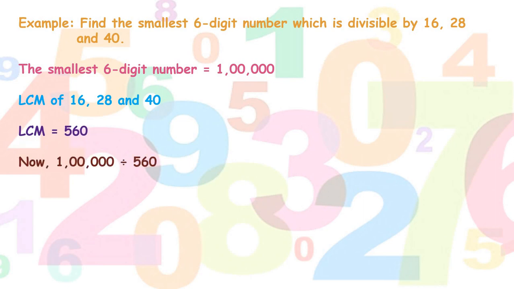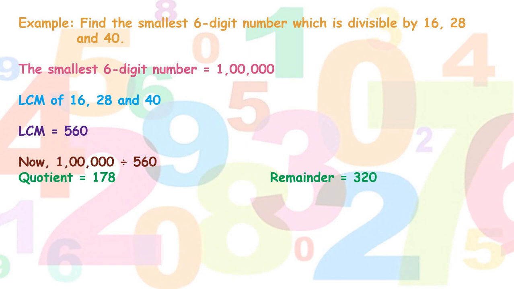Now we divide the smallest 6-digit number by the LCM. So what is the quotient, what is the remainder? Yes, the quotient is 178 and the remainder is 320.